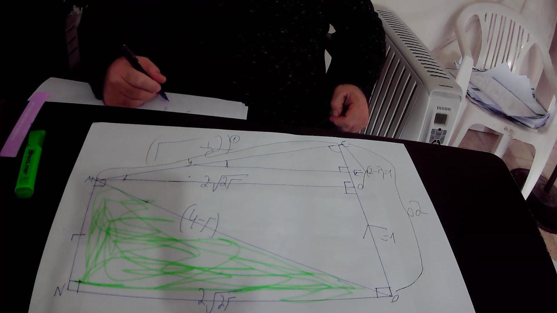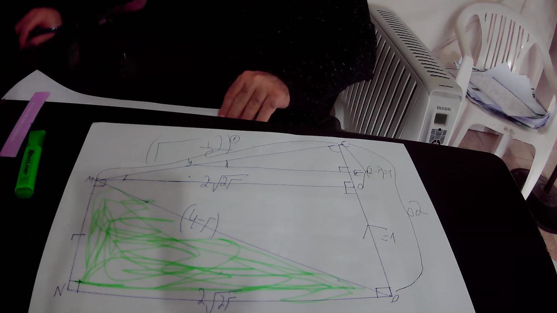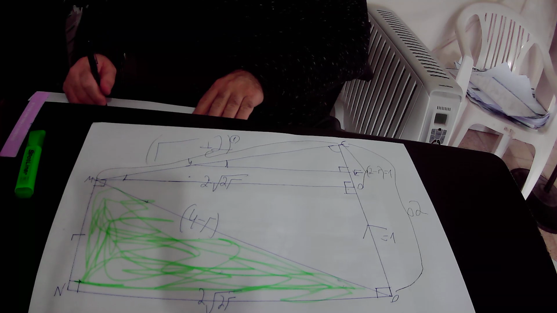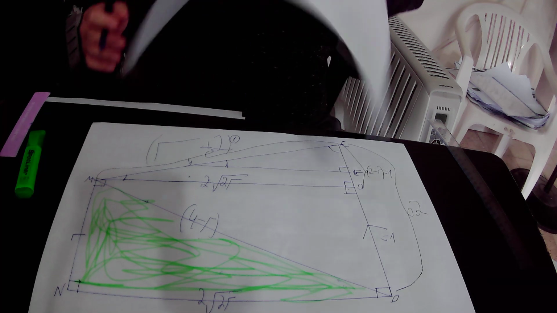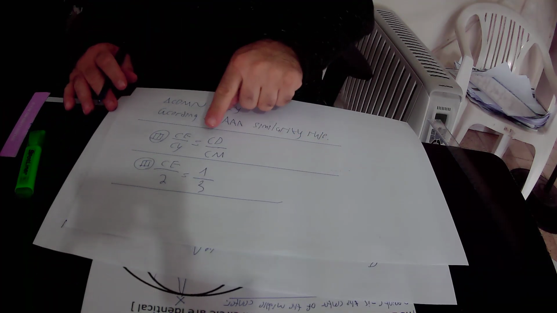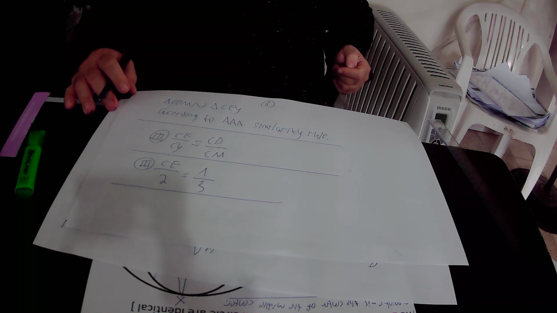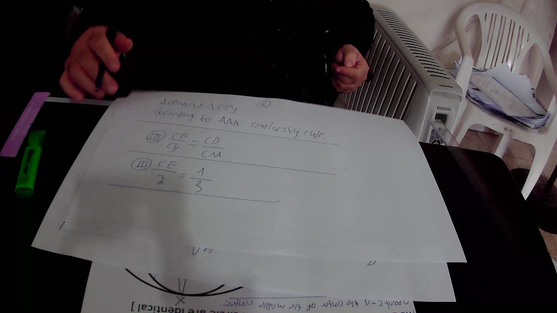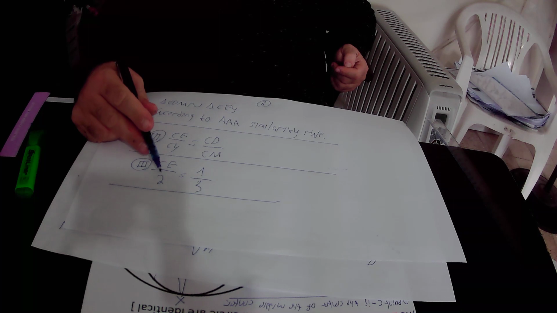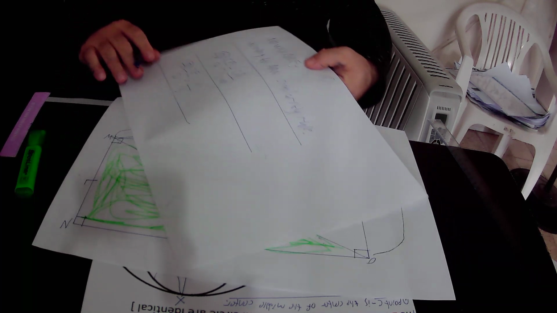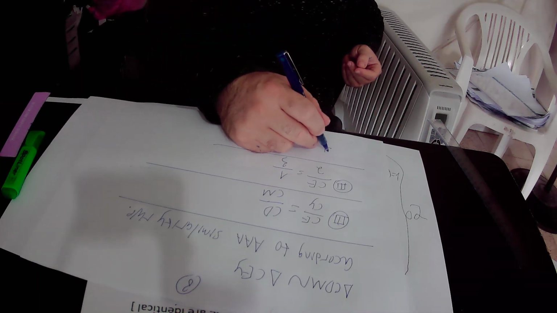So in total we found out that, according to equation number 3, CE over 2 equals 1 over 3. Okay, here we will multiply equation number 3 by 2, and we will get that CE equals 2 over 3 units.